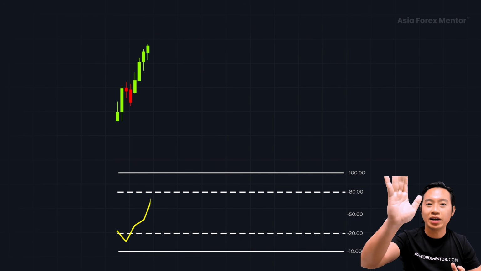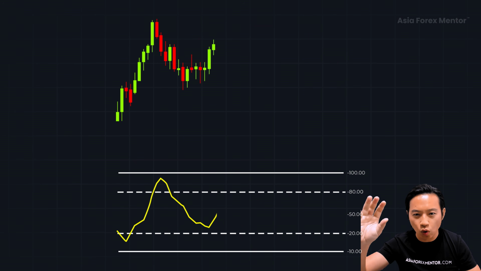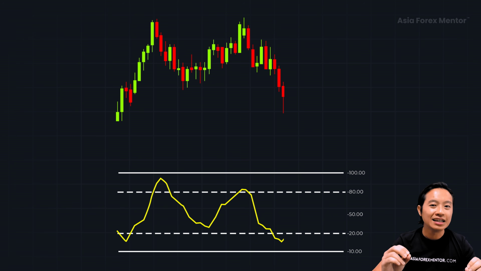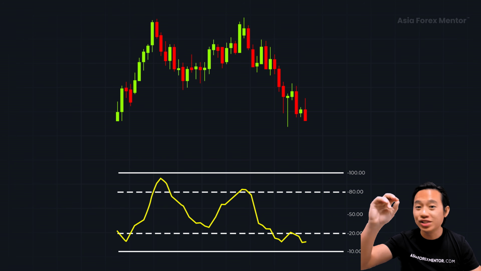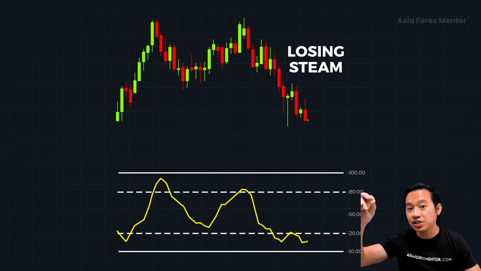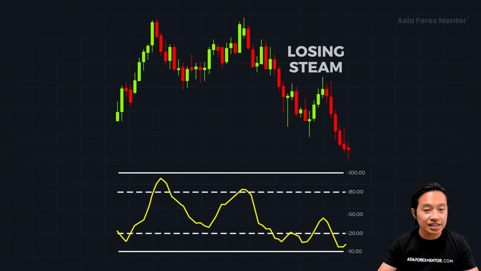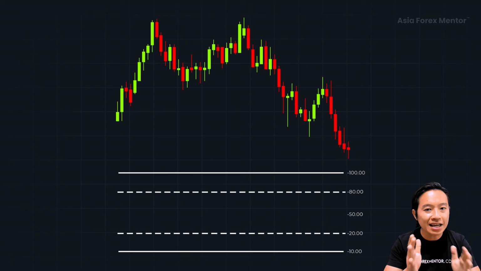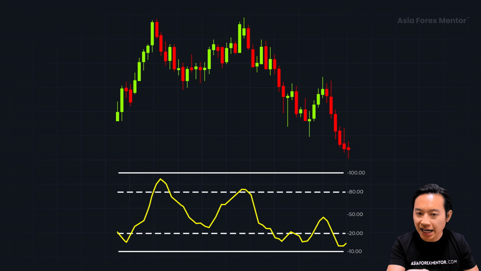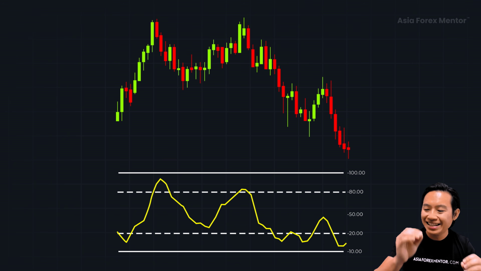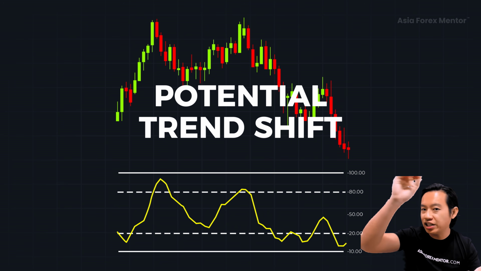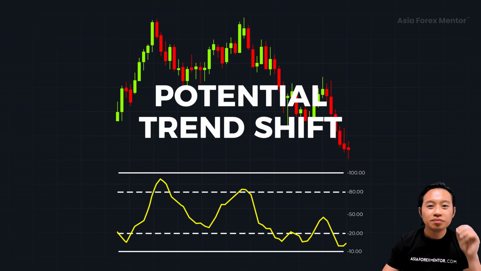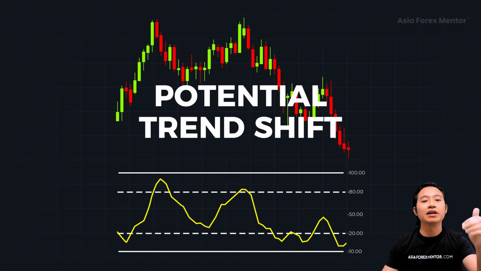When the price momentum starts to slow, this signals that the trend may be losing steam and a reversal could be on its way. So the stochastic indicator can be a key sign for traders to watch for this kind of potential trend shift.